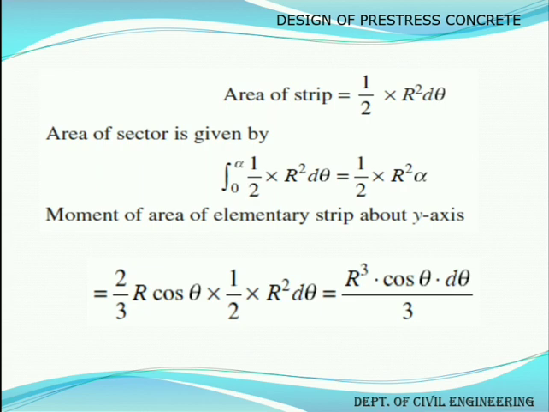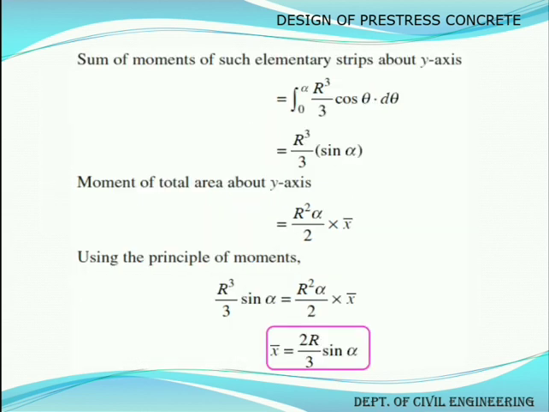Moment of this elementary strip about y-axis will be obtained by multiplying half r square d theta into the horizontal projection, that is 2 by 3 r cos theta. So we get this answer as r cube cos theta d theta divided by 3. Now there are many such elemental strips in the complete sector.